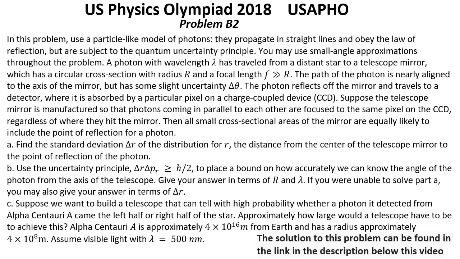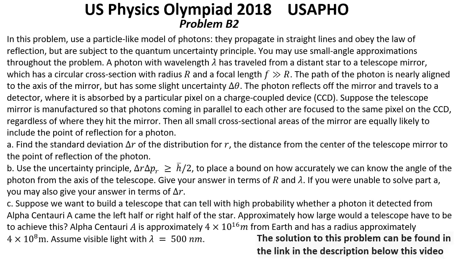Question C. Suppose we want to build a telescope that can tell with high probability whether a photon it detected from Alpha Centauri A came from the left half or right half of the star. Approximately how large would a telescope have to be to achieve this?